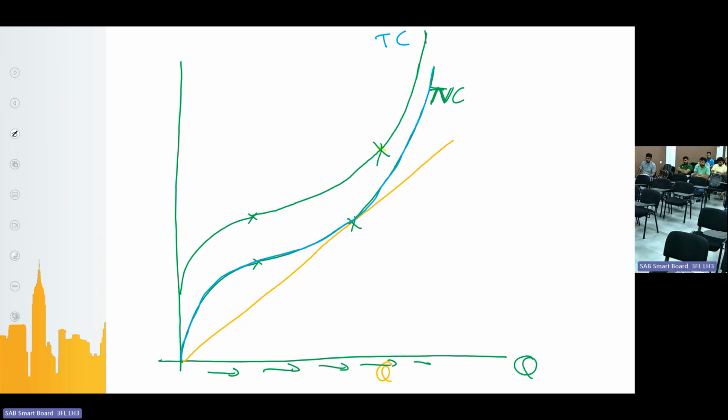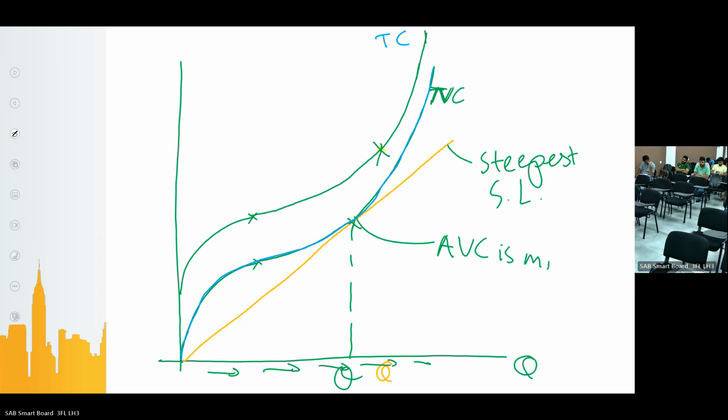This is the flattest straight line. So at this level of output, AVC is minimum.